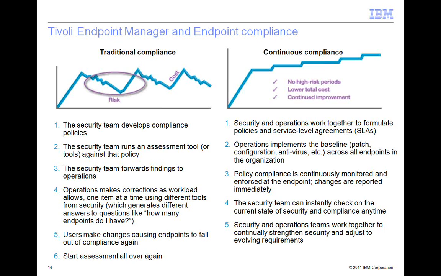They will submit a report, and then the IT teams will run around fixing those problems. So on your left hand side where you see the traditional compliance, there is a ramp up and then there is a slide down. The ramp up is the part where the IT teams run around fixing the problems. At the peak is where your audit is passed, everything is fine, things move on.